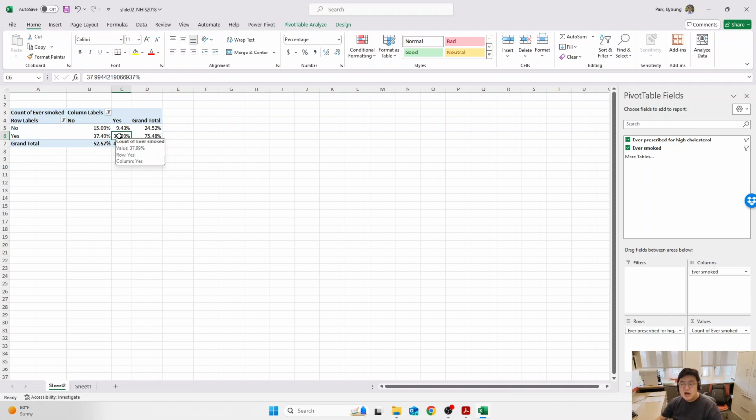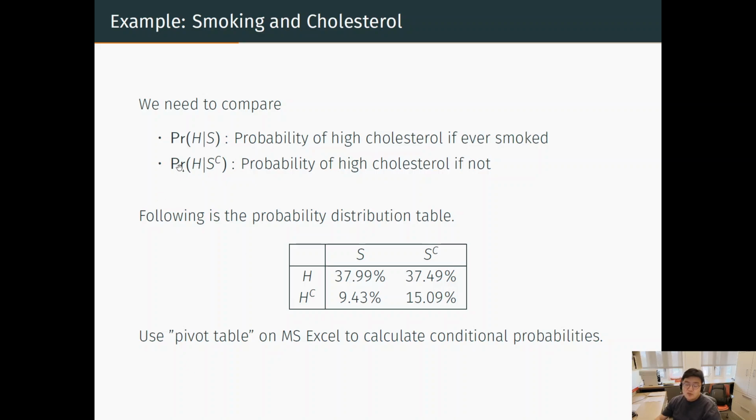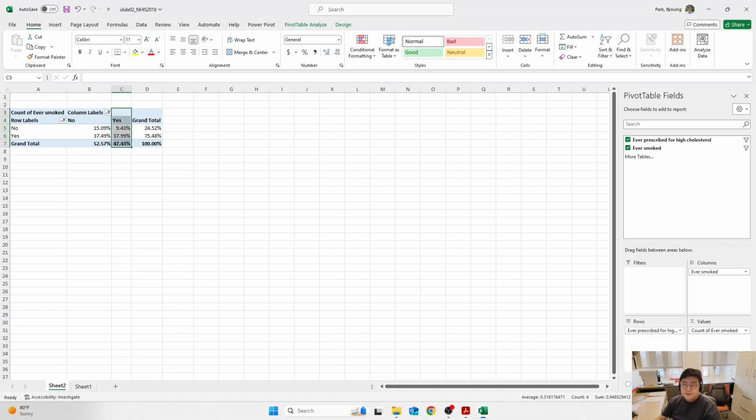So we are going to calculate probability within here. And similarly, when you calculate probability given never smoked, you are going to use the other column. The other column will only include those who never smoked. So this is the condition of S complement.